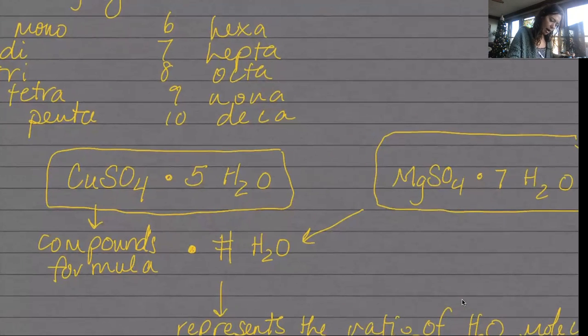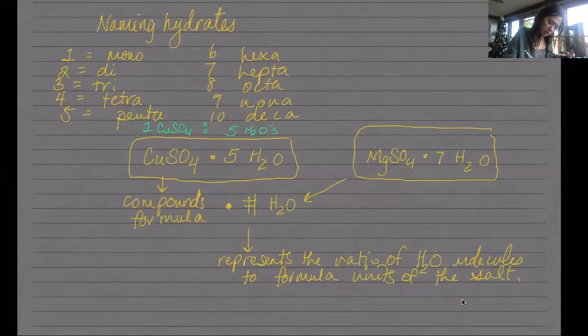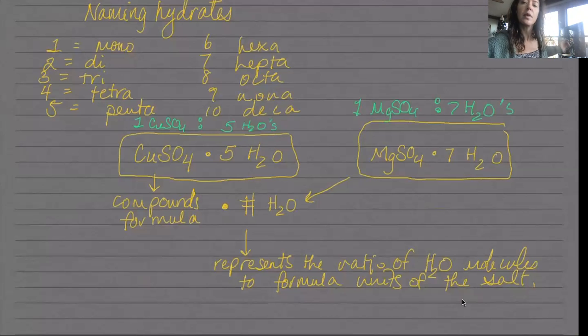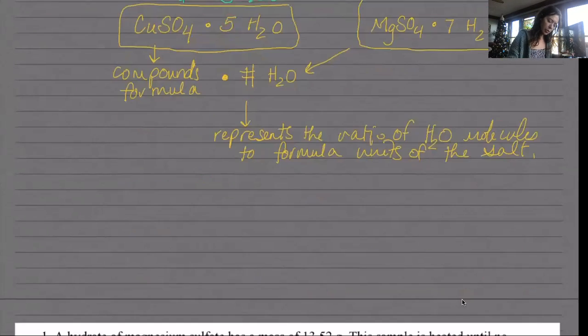I mean that for the first one, there are 5 H2Os for every 1 copper(II) sulfate, right? And for our second hydrate, we see that there's more water. There are 7 H2Os for every 1 MgSO4 formula unit.